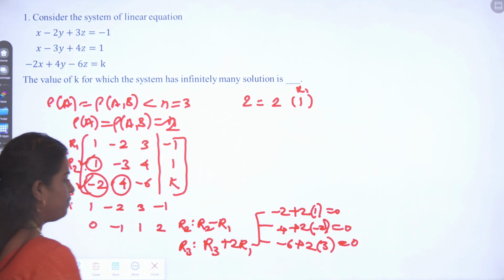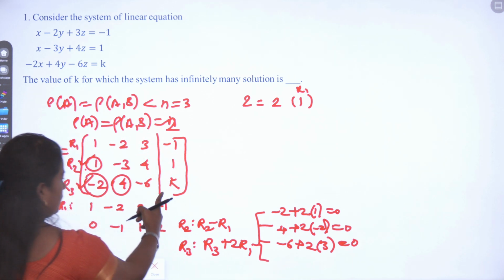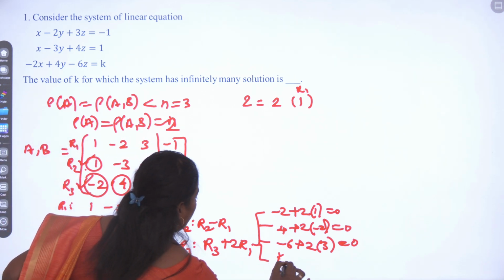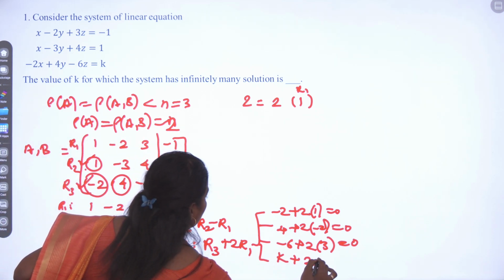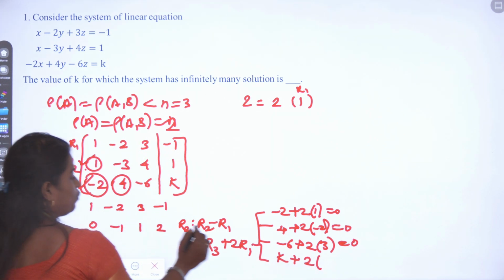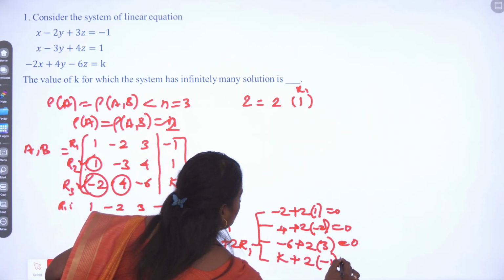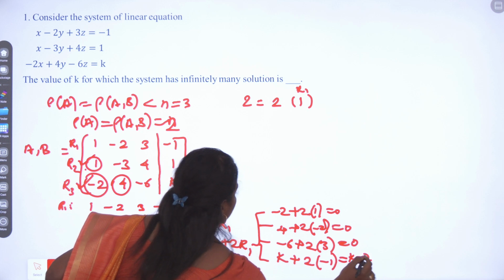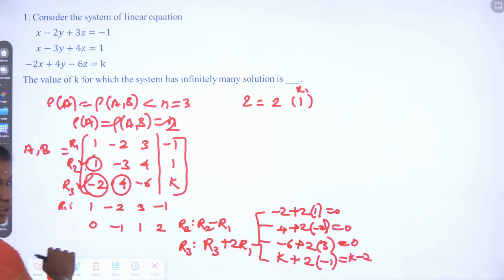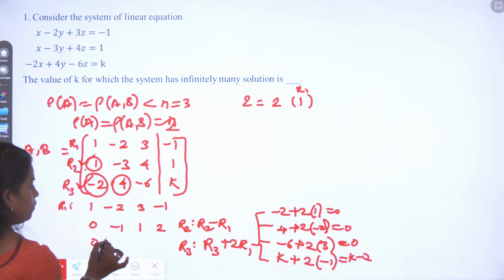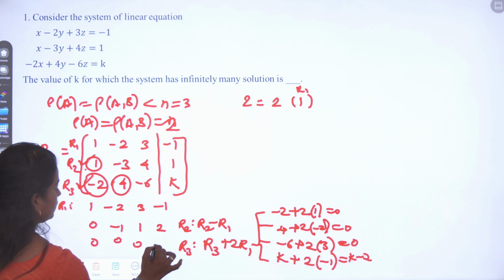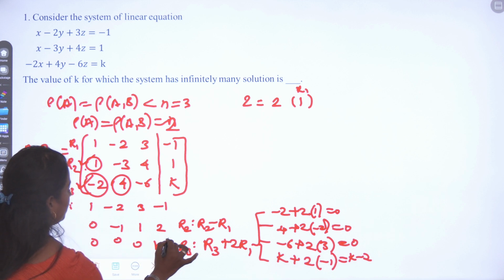And the last element, which is K, plus 2 into minus 1, equals K minus 2. Just replacing all those values over here: 0, 0, 0, and this last element becomes K minus 2.